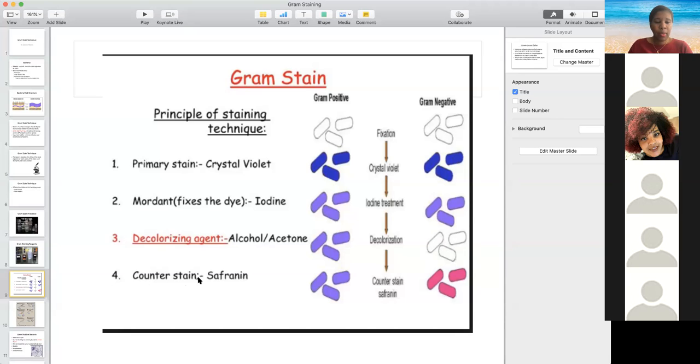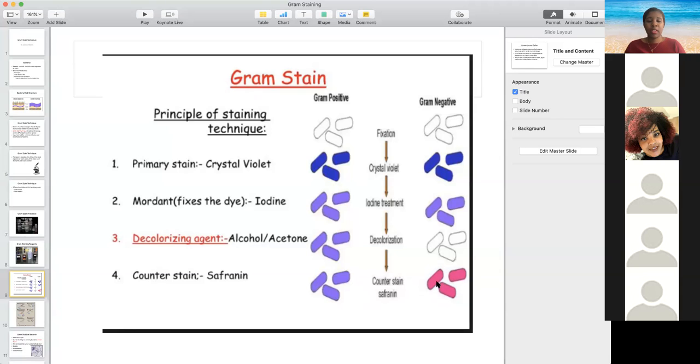And then we're going to add the counter stain or secondary stain, which is safranin. At this point, if we have gram-positive bacteria, the cells will not take up the safranin, and they're going to stay purple. But if they're gram-negative, then these cells will appear pink after adding that counter stain.